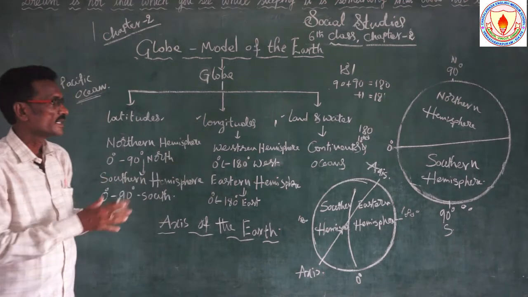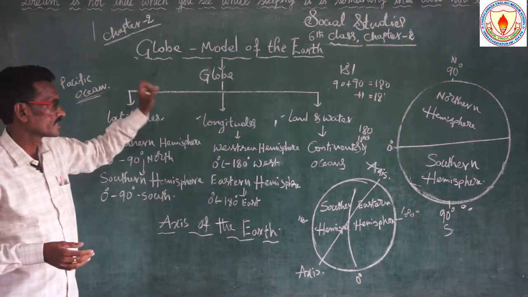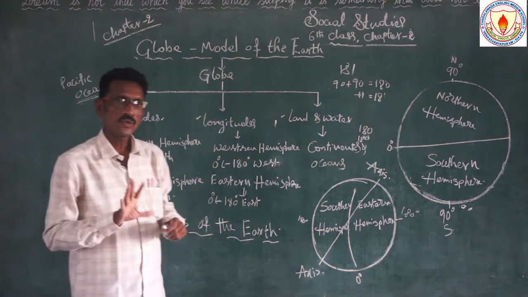So this is the small information about latitudes and longitudes, and now land and water.